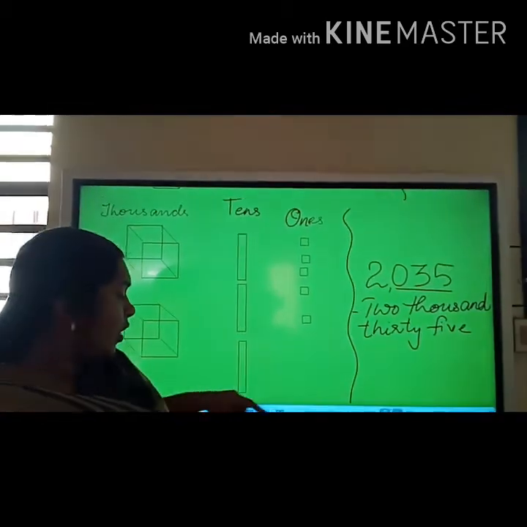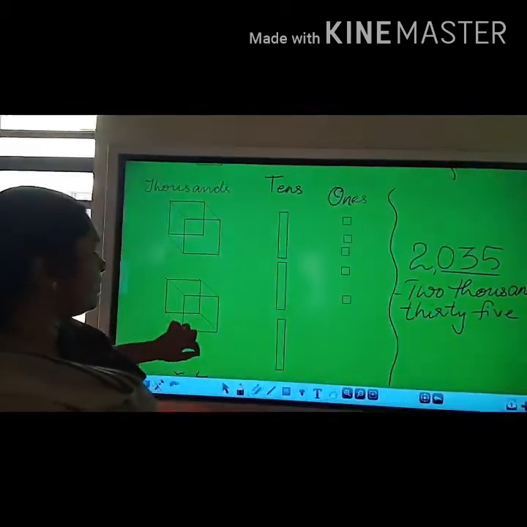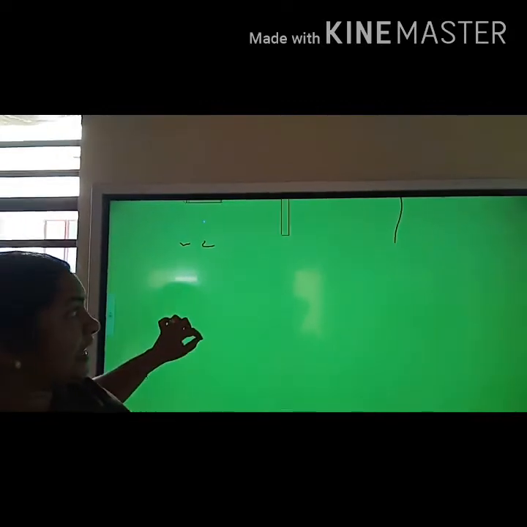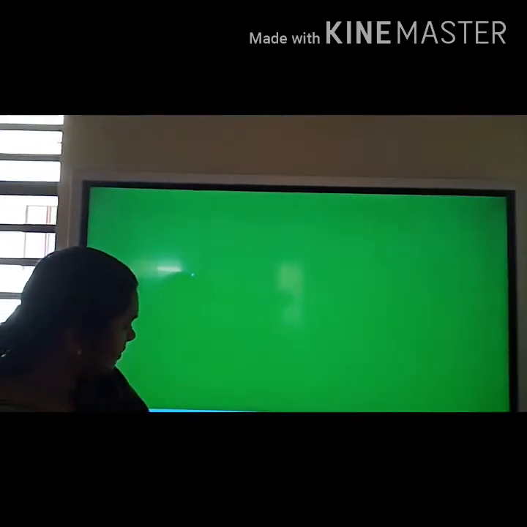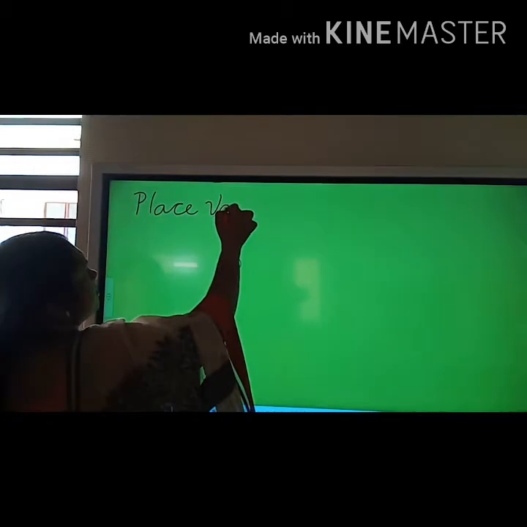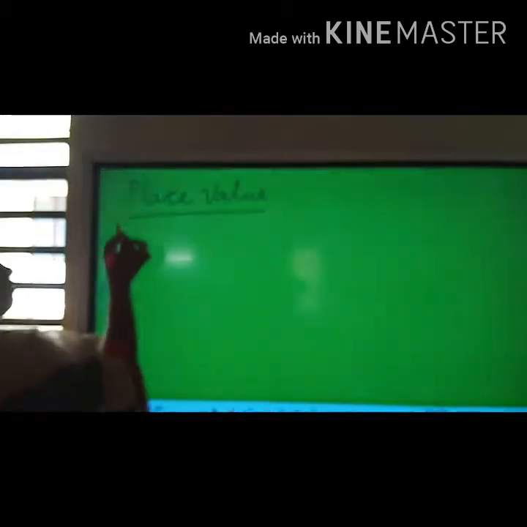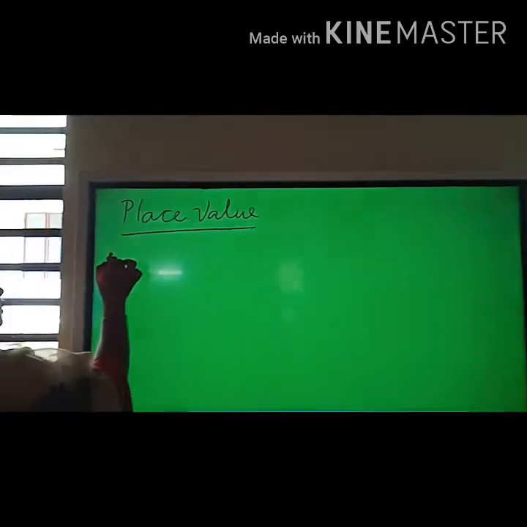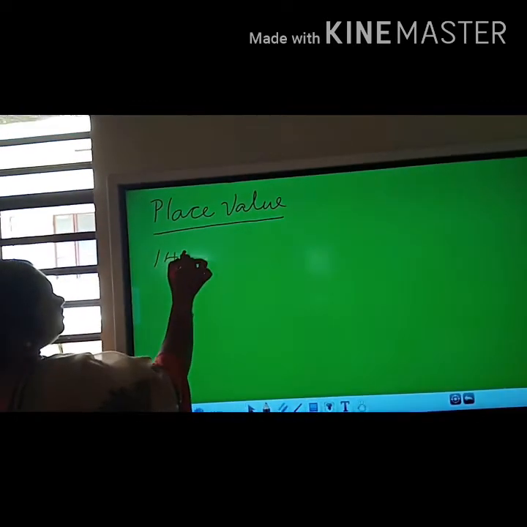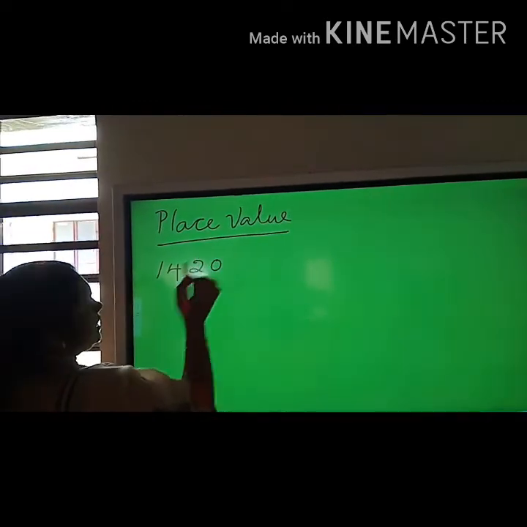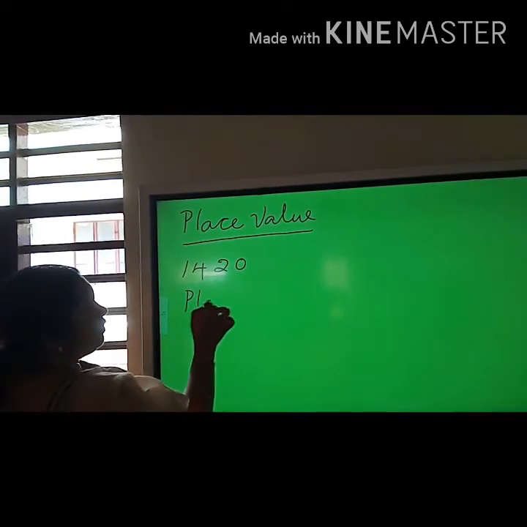Yes. Now already we have studied the place value in the last video, but we have to recollect once more. Just have a look. Place value. One number is given, 1420.